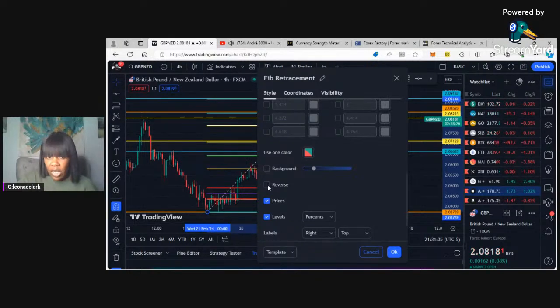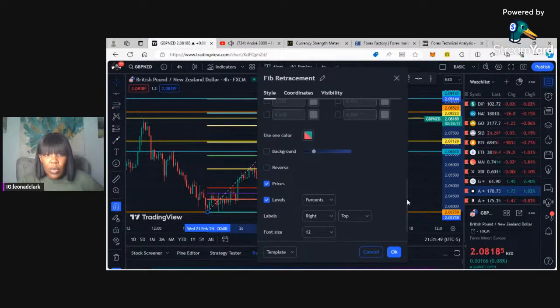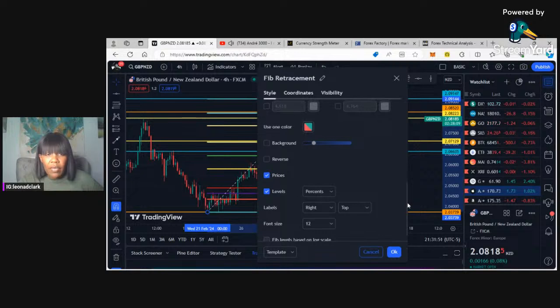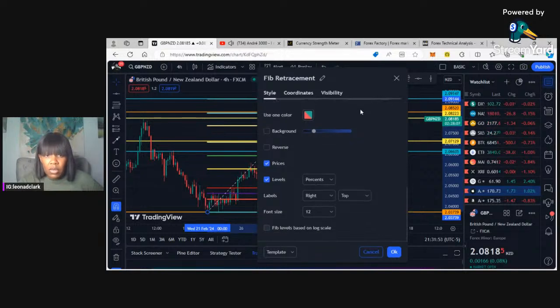I don't have this checked either, reverse. Prices is checked. Levels is checked. On my levels, the drop down says percents. Okay. So screenshot this or screen record, whatever you need to do. Everything underneath those numbers up here, this is how it should look. If you want yours to look like mine.